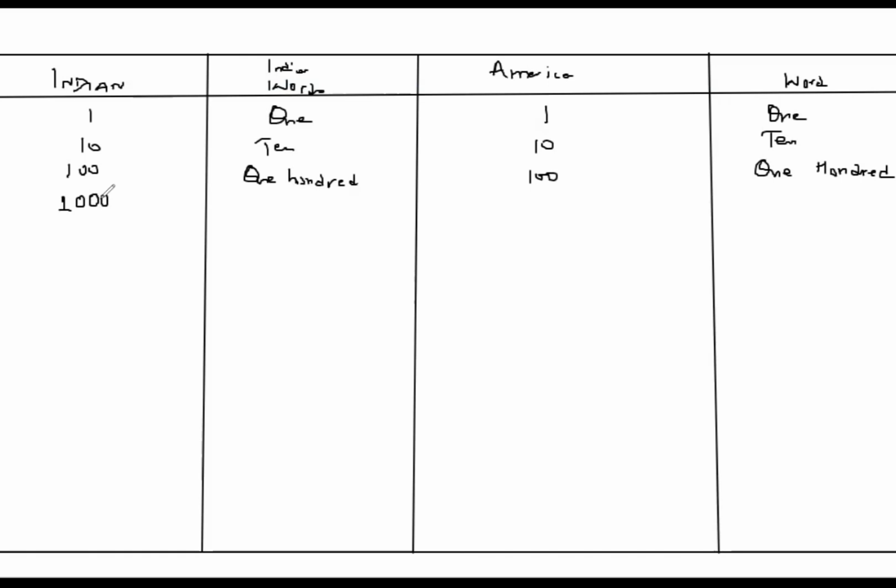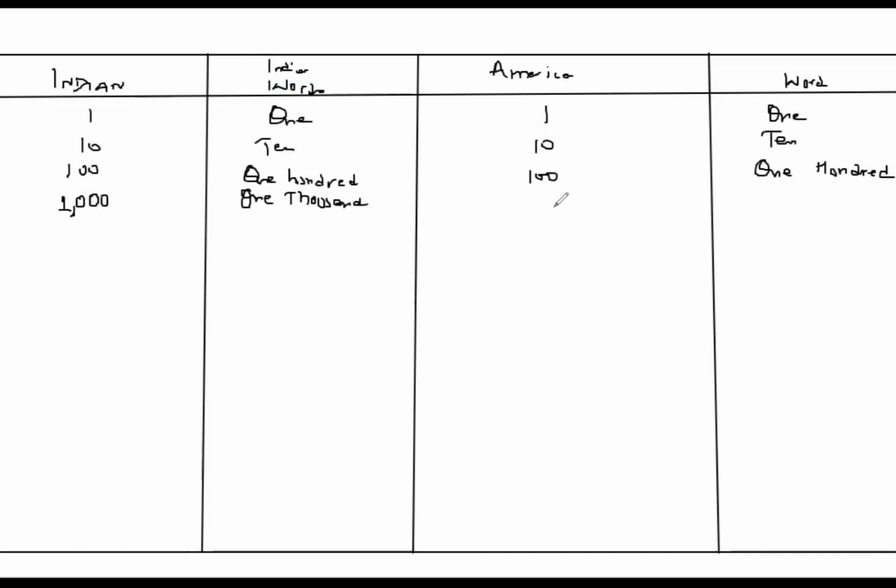The first period in the Indian system comes after the third digit, going from right towards the left. One, two, three, we are going to put a comma over here, right? And this is going to be called 1000.